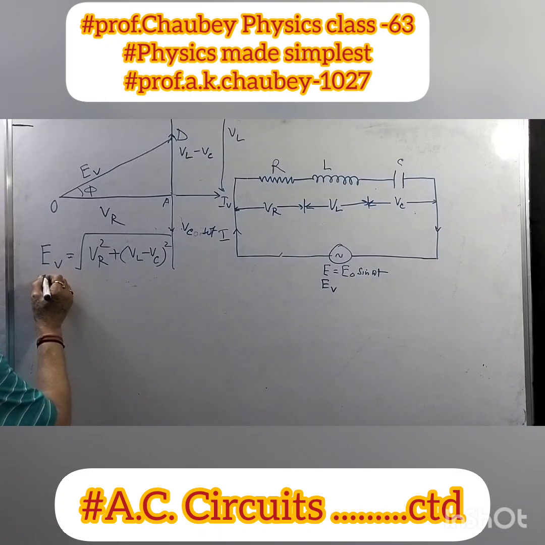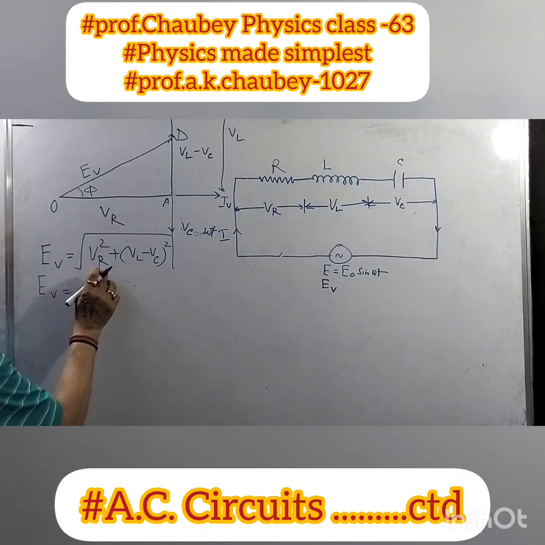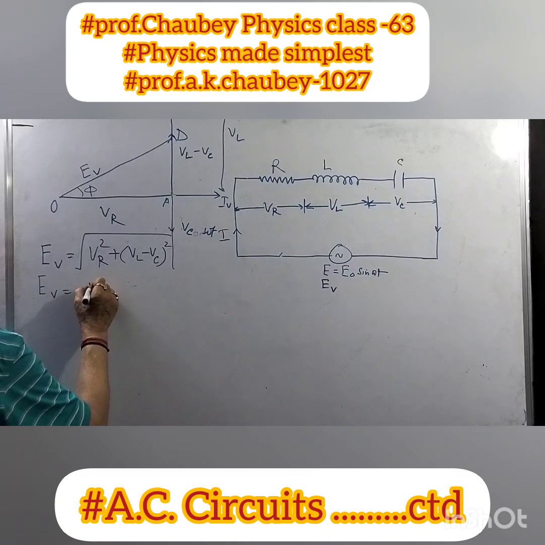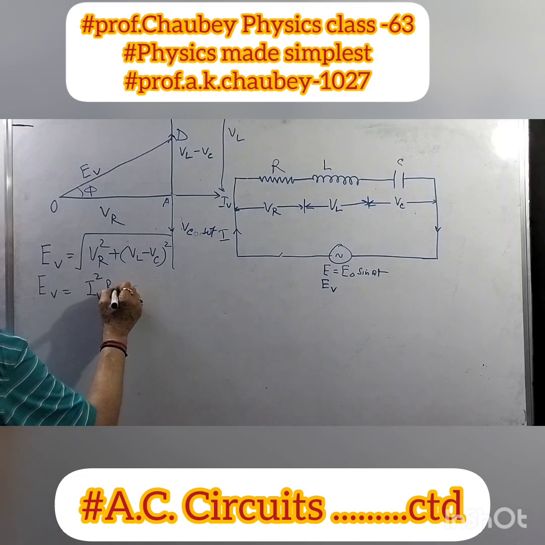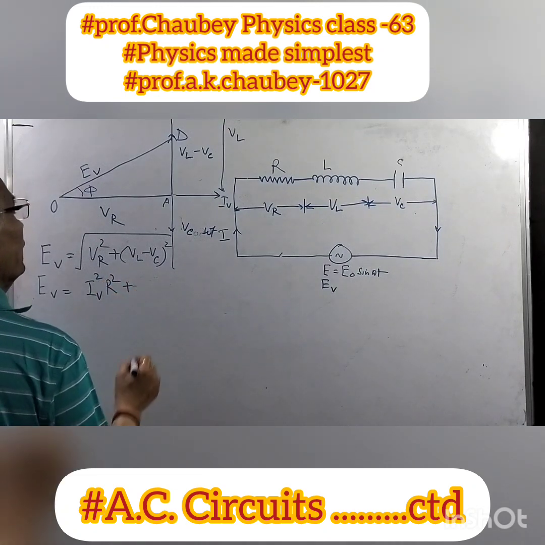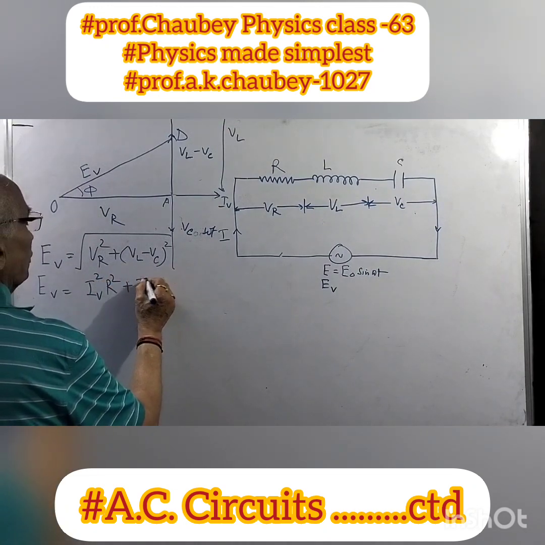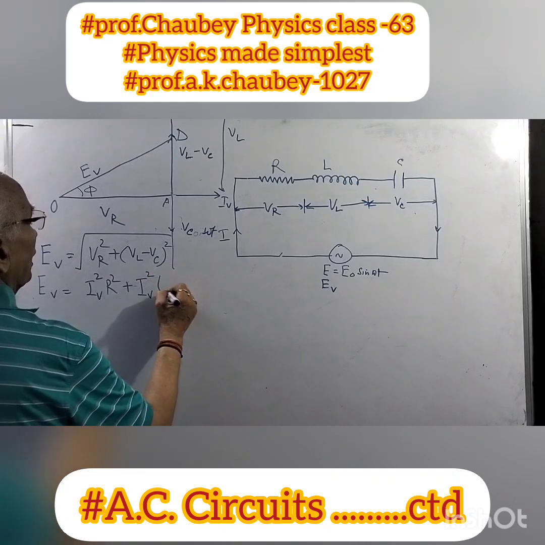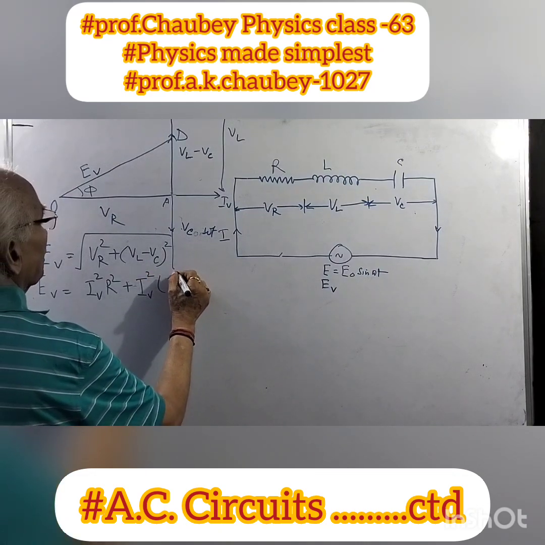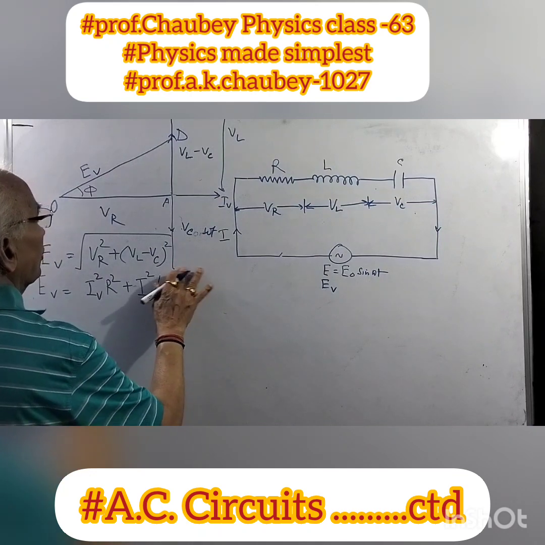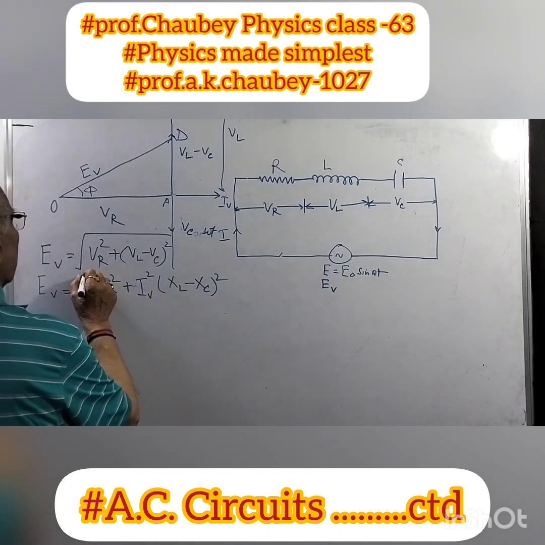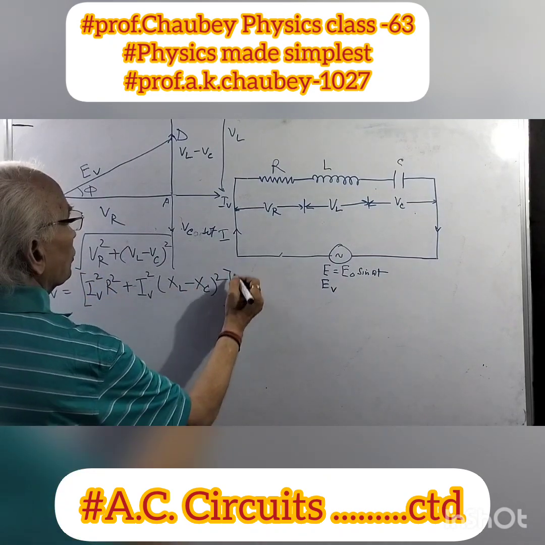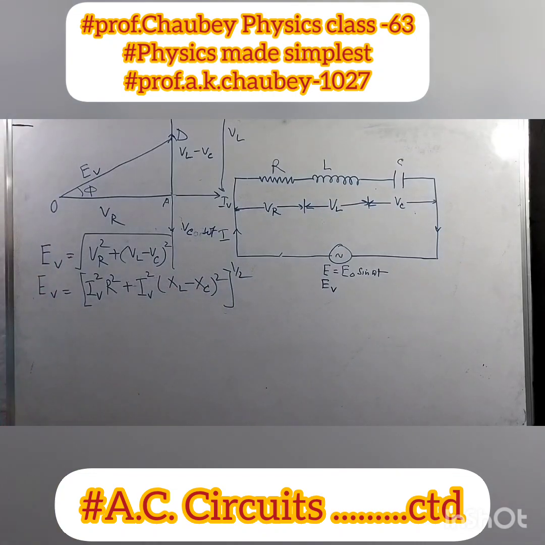Or EV is equal to, VR is IV R, so IV square R square plus IV square XL minus XC whole square, under root, power 1 by 2. So this gives you the value of EV.